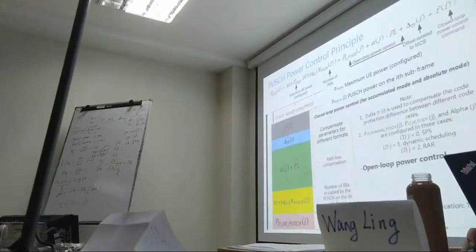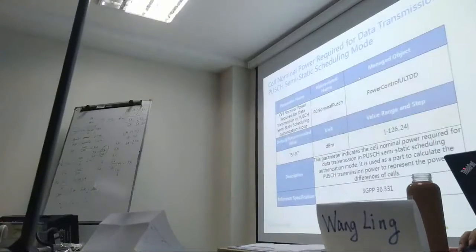So this is for the different parameters in the PUSCH, as we check the parameters here on this screen. One is the cell nominal power required for data transmission. Here we only use semi-persistent scheduling as an example.